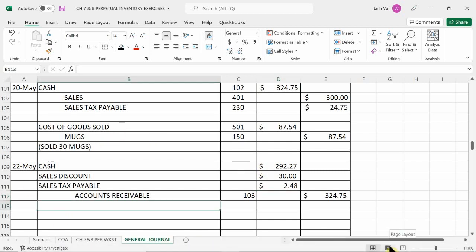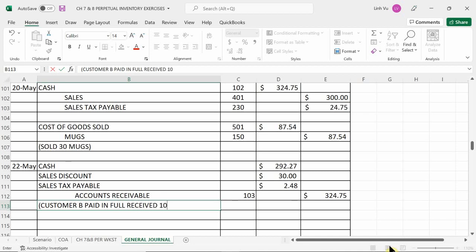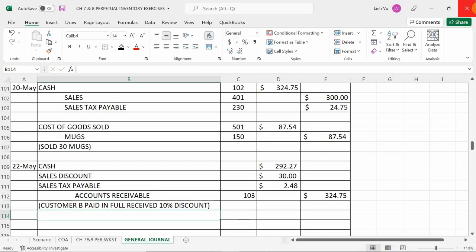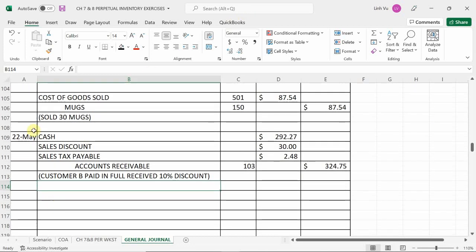And my last note here is we're going to recognize that customer B paid in full and also received the 10% discount. All right, once again, this is a payment, so it has nothing to do with my inventory.